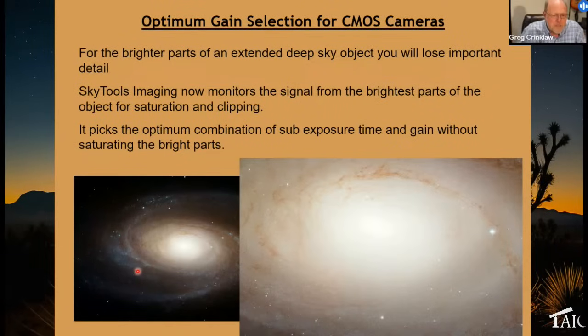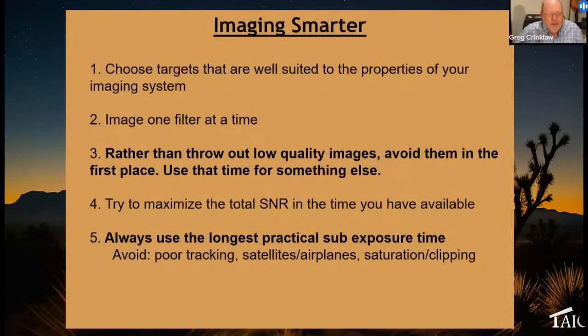Because you're not always just exposing for the brightest part of the image, but you keep track of whether or not this bright part here is saturating or clipping. And if it is, you throw it out. And in the end, you just take the combination of sub-exposure time and gain setting that gave you the highest signal to noise ratio without saturating. So that's what the software does now. And that took a lot of work, actually digging into the code and changing it all.